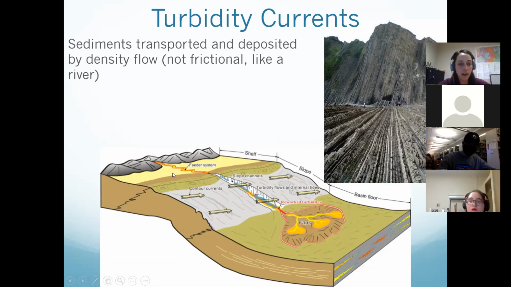So this river is bringing down sediment, and it's depositing it right at the slope. So as it's depositing it, it's packing all of this material onto each other, and eventually it gives way due to gravity because it can only hold up for so long, and it flows down the slope and it deposits onto the basin floor.